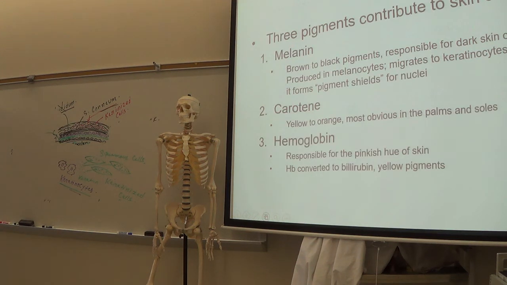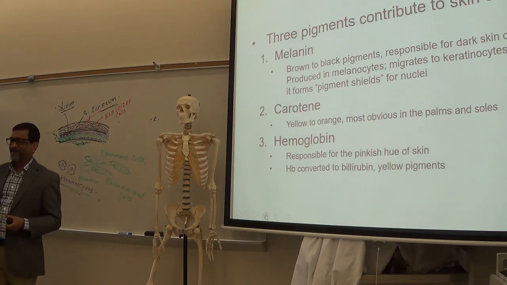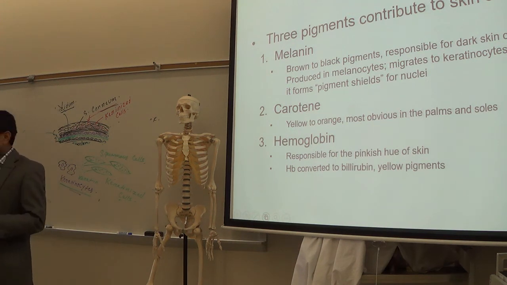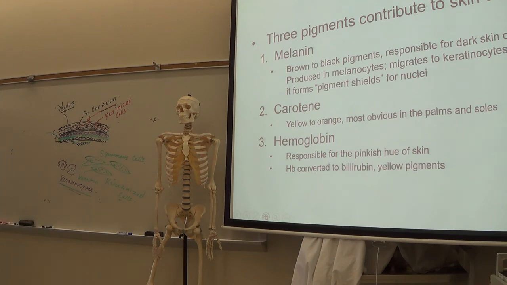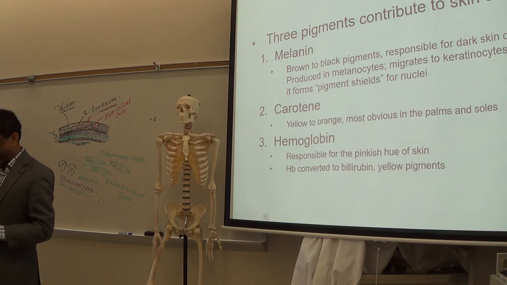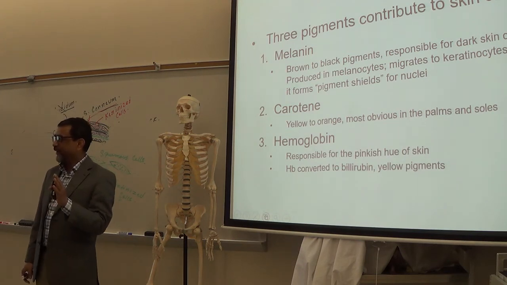Skin color. This is something interesting, right? So skin color, you know, different races, different people have different colors of the skin. Main pigment that is responsible for the color of the skin is called melanin. Probably you have heard, right? Melanin.